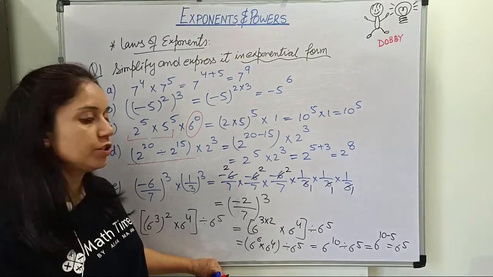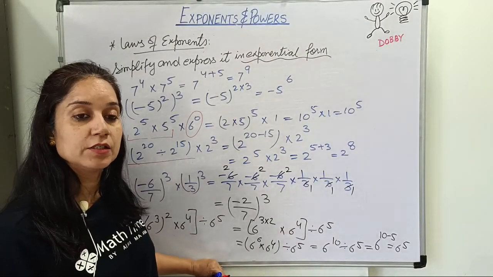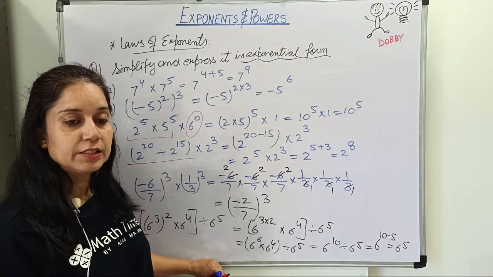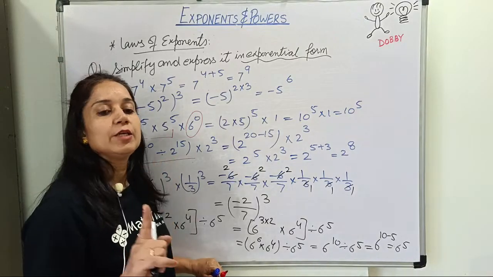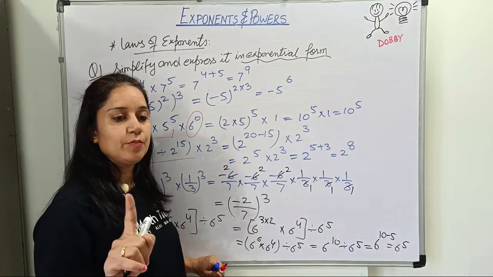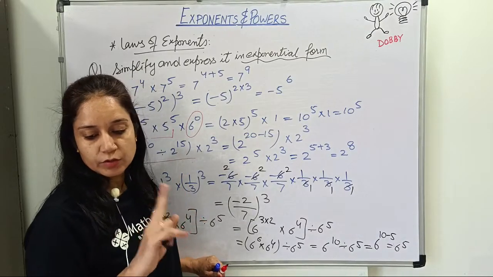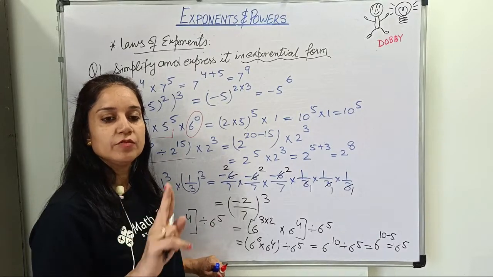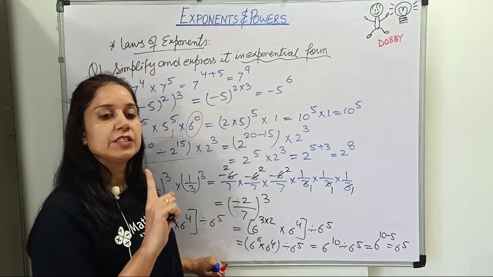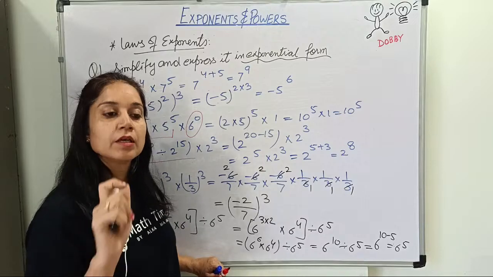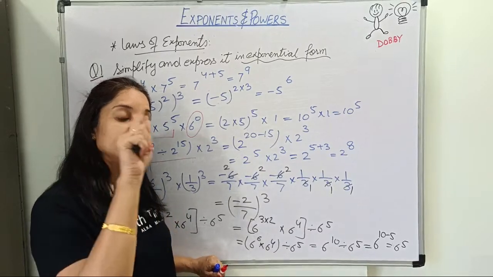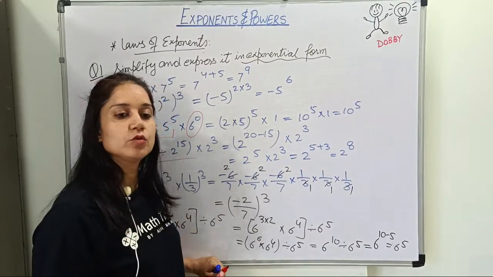So in these questions we have applied all the 6 laws of exponents. Let us revise. In multiplication, same base, we add the powers. Second rule. In division, with same base, we subtract the powers. A rational number with 0 as an exponent equals 1.